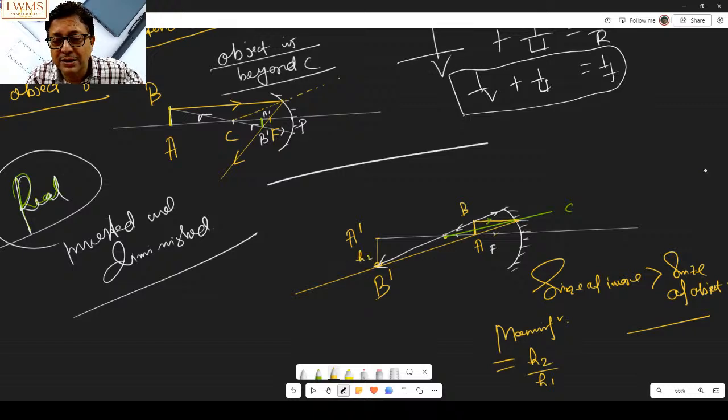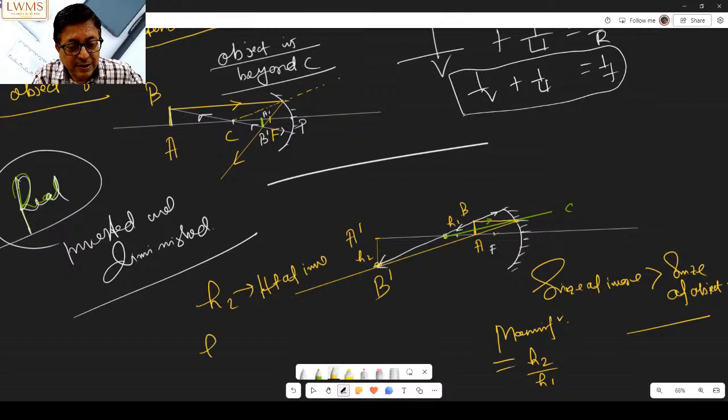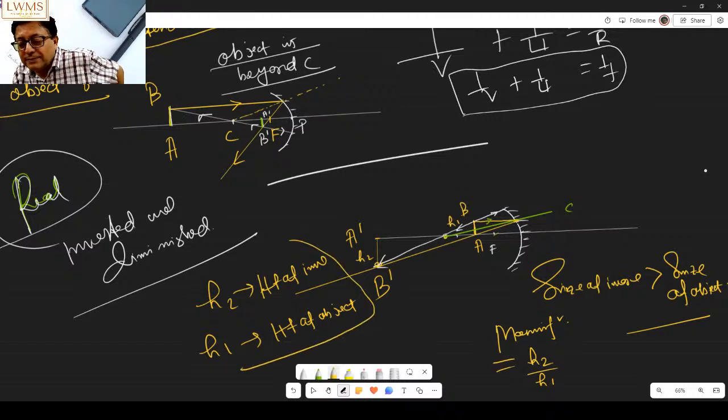Height of image. Say h2 is the height of image. h1 is the height of object. Clear? Magnification is defined as h2 by h1.